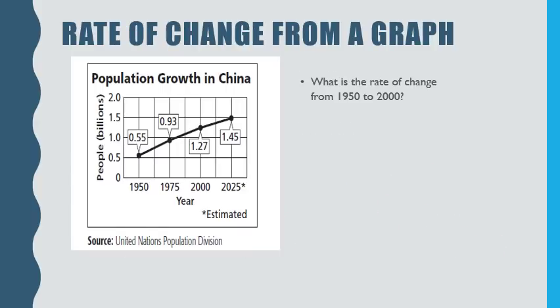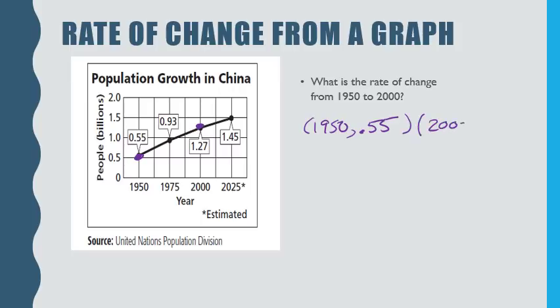If I'm looking at it in this graph, what's the rate of change from 1950 to 2000? So here's 1950 and here's 2000. You can also look at these as ordered pairs. In 1950, China's population was 0.55 billion.